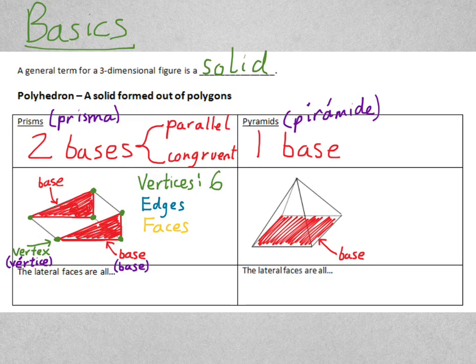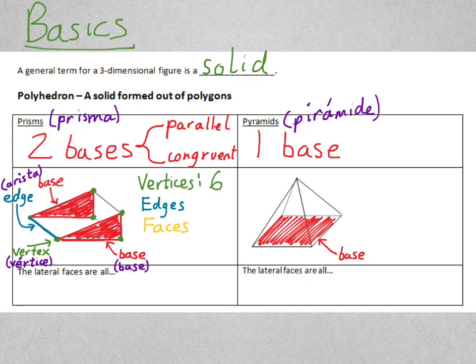Notice that vertex is singular, but when we make it plural, we say vertices. Hey, it looks kind of like the Spanish word. Anyway, let's keep going. Now, what about edges? Edges are like shown there. In Spanish, we would say arista. You might have to correct me on my pronunciation.